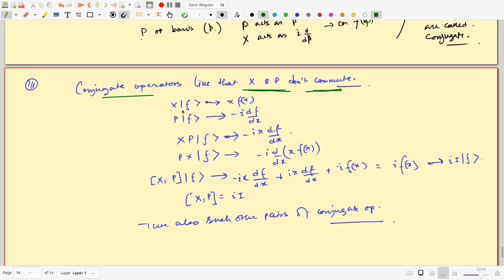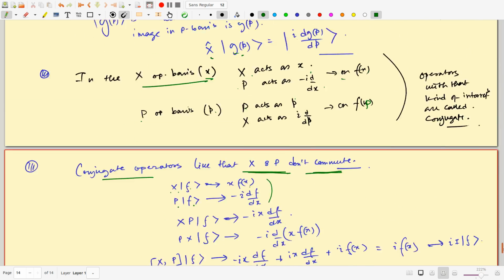To see that, we act x on f. In the x basis, this is x f(x). We act p on f; in the x basis it is minus i df/dx, which we have just written down.